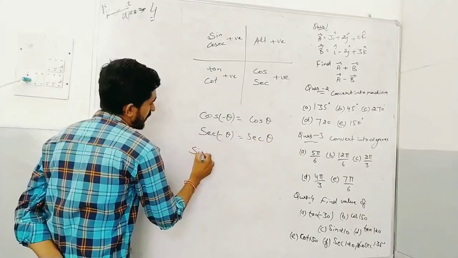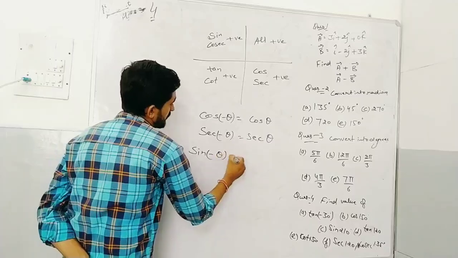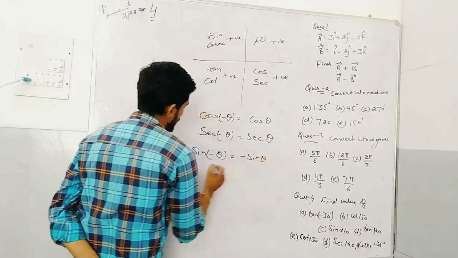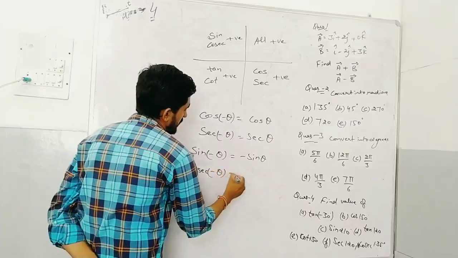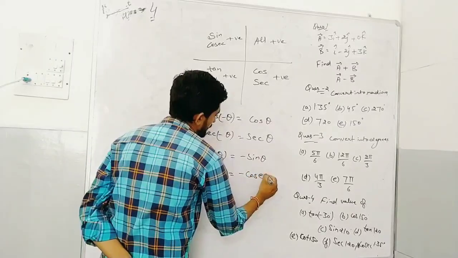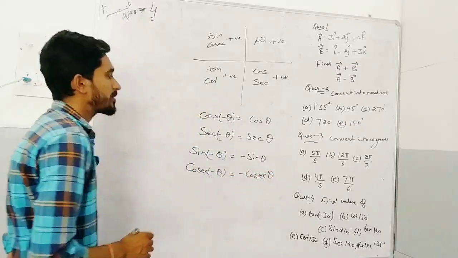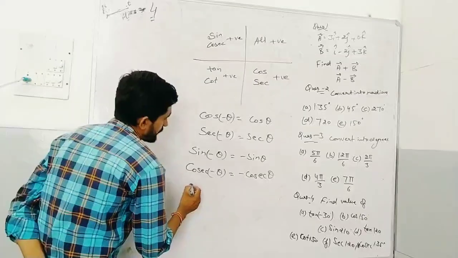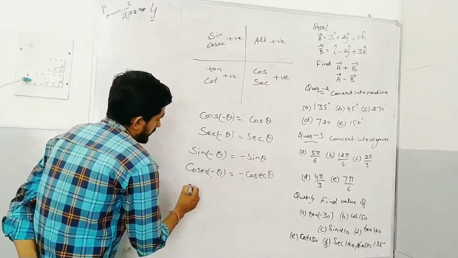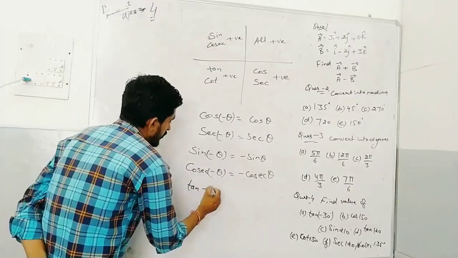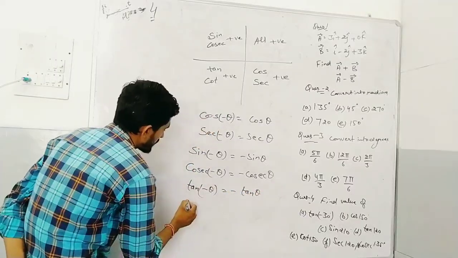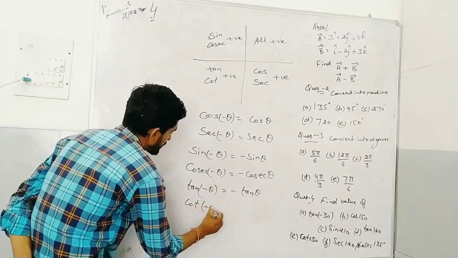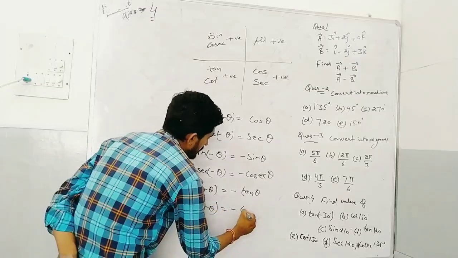All others: sine of minus theta becomes minus sine theta, and cosecant of minus theta becomes minus cosecant theta. Just remember this formula. And tan of minus theta is minus tan theta, and cot of minus theta gives minus cot theta.